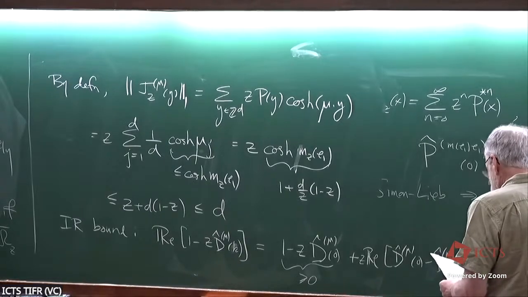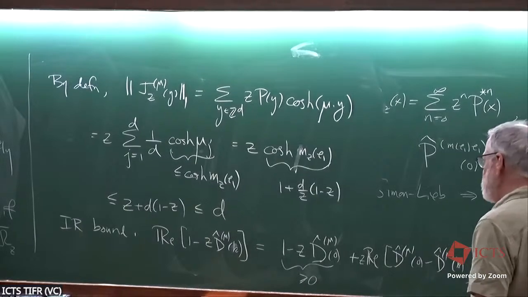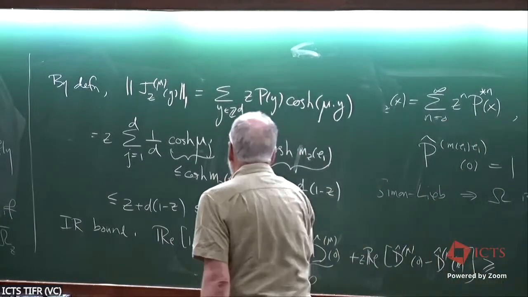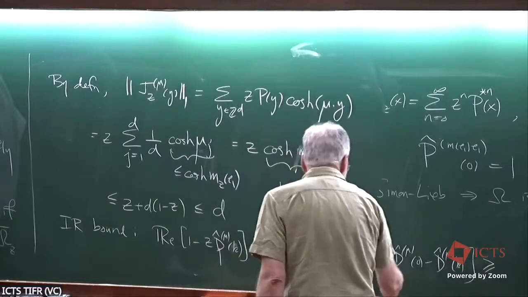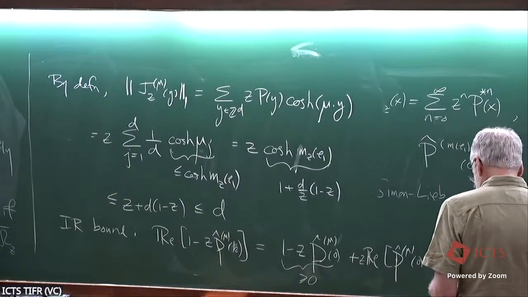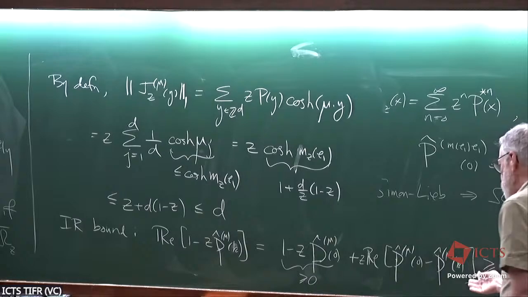So this is greater than or equal to, and I guess D was P now, right? So these are all P's. So you write down what the real part is.